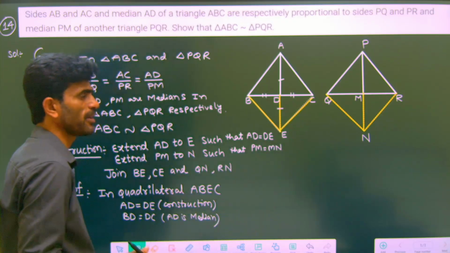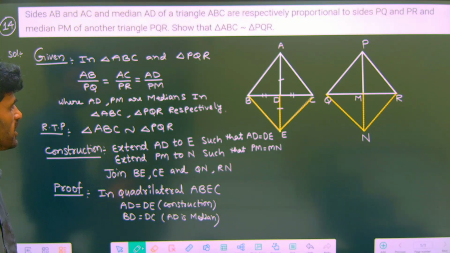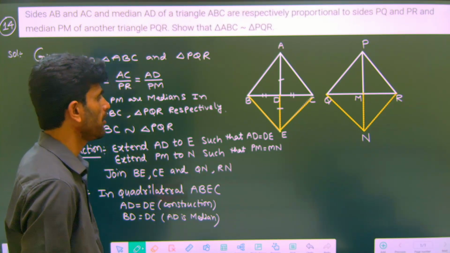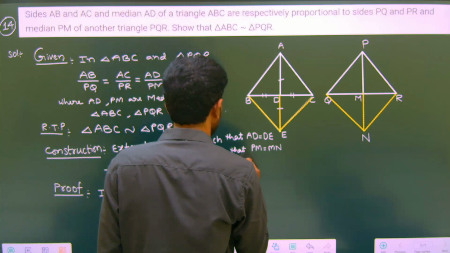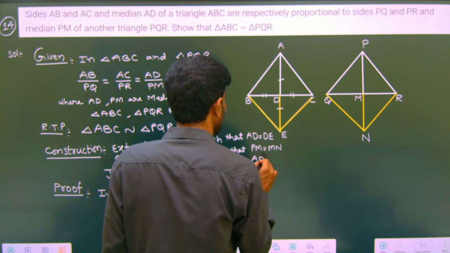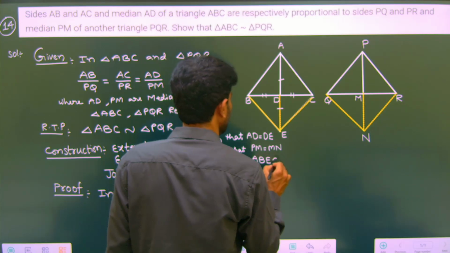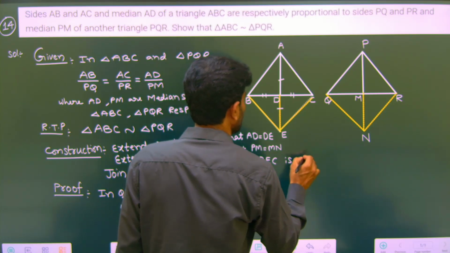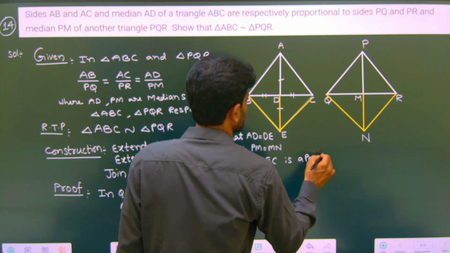So the diagonals are bisecting each other. In a quadrilateral, if the diagonals bisect each other, it is a parallelogram. Therefore ABEC is a parallelogram, because its diagonals bisect each other.